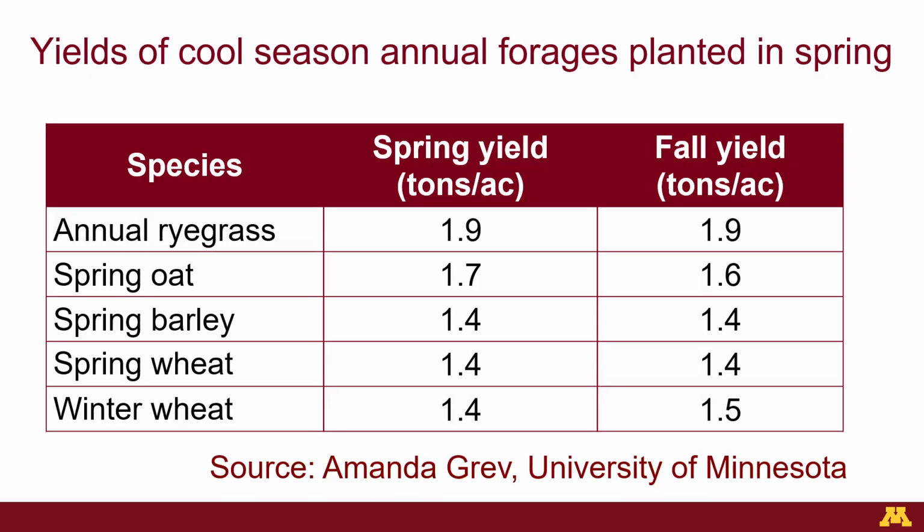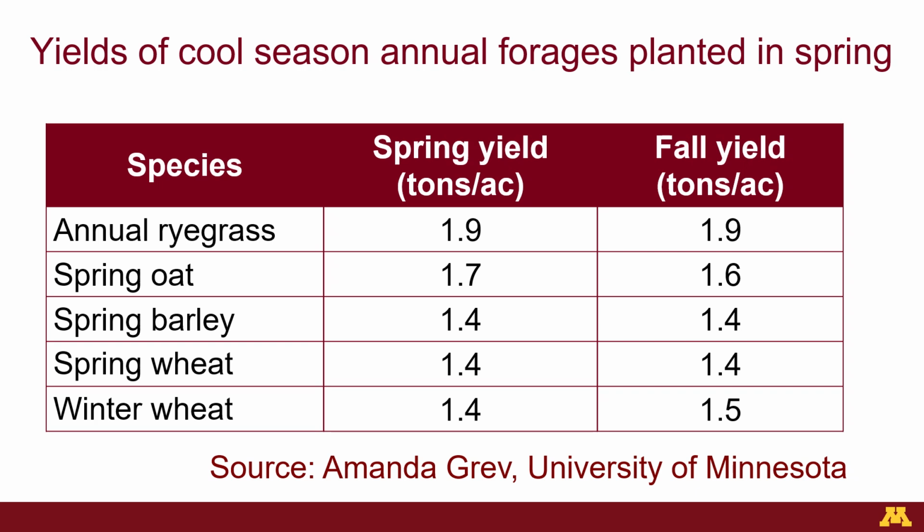This table shows the yield potential of annual forages seeded in the early spring and harvested in June and July, and harvested in October. Annual ryegrass has a spring yield of 1.9 tons per acre and a fall yield of 1.9 tons per acre. Spring oat has a spring yield of 1.7 tons per acre and a fall yield of 1.6 tons per acre.